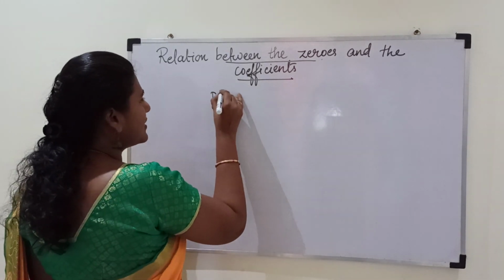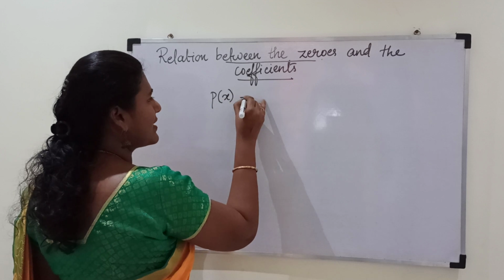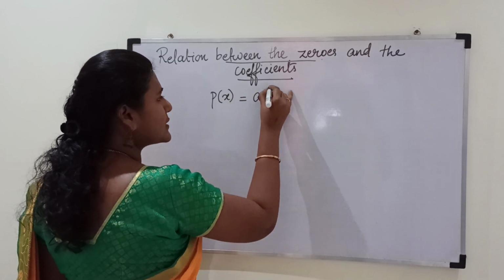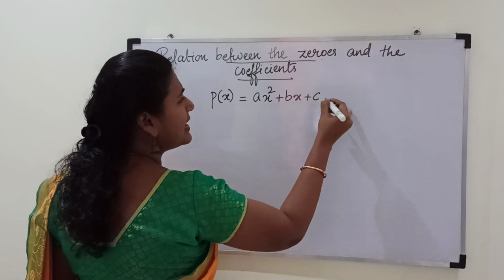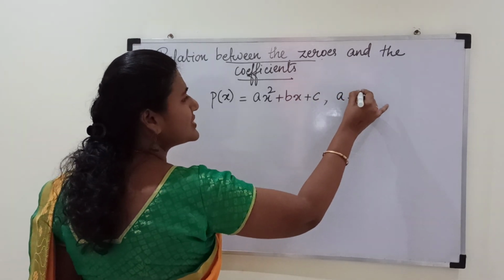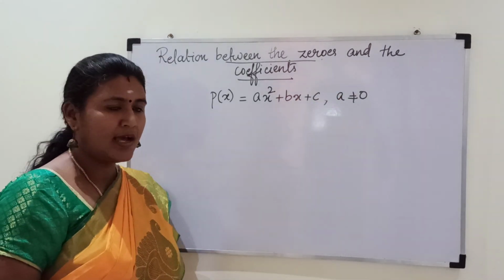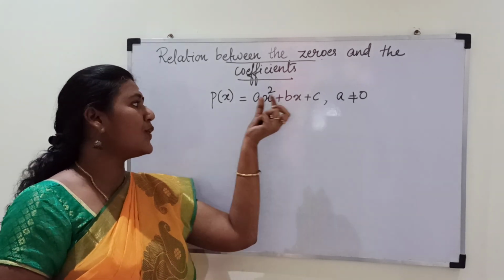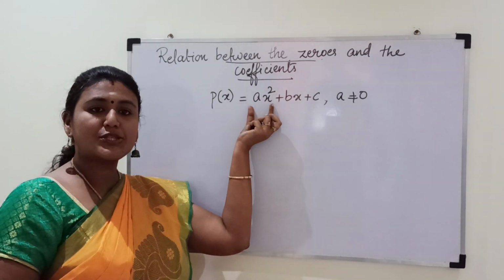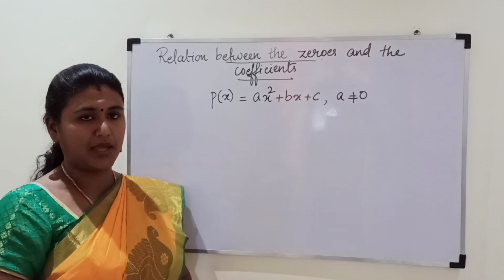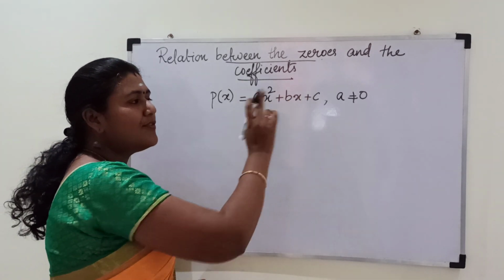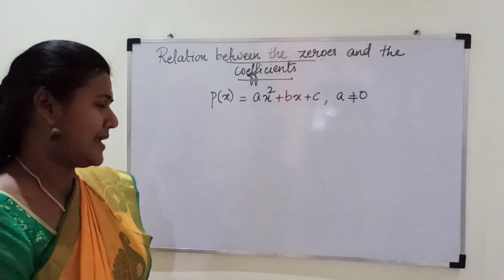So we will take the quadratic polynomial as p of x is equal to ax square plus bx plus c, where a not equal to 0. This condition is very important, because if a becomes 0, then this term, that is x square term, will vanish and it is not a quadratic polynomial.